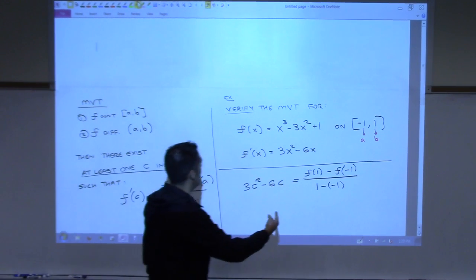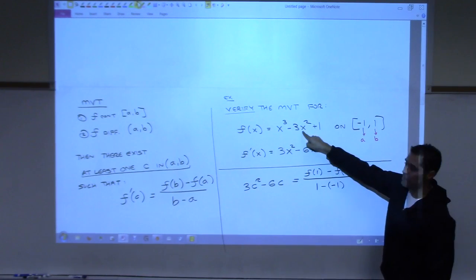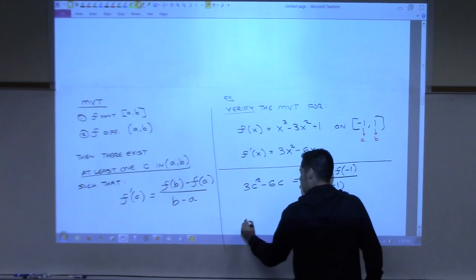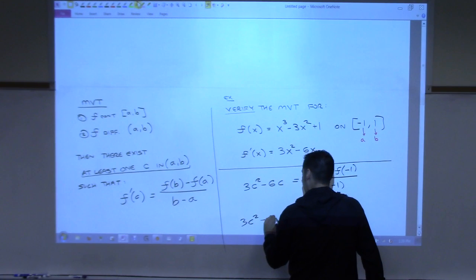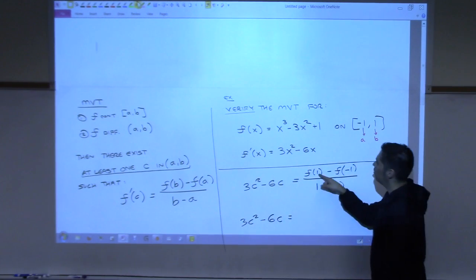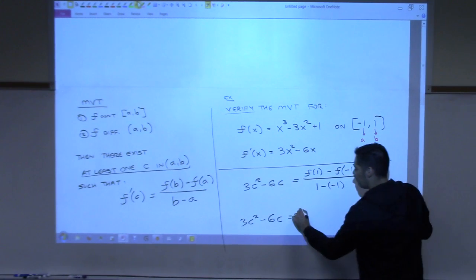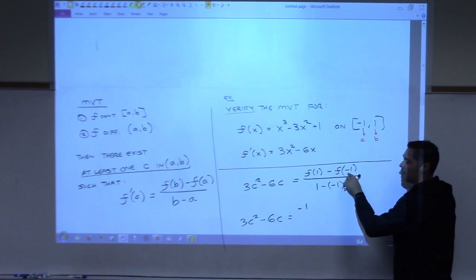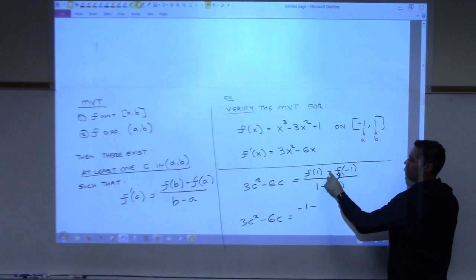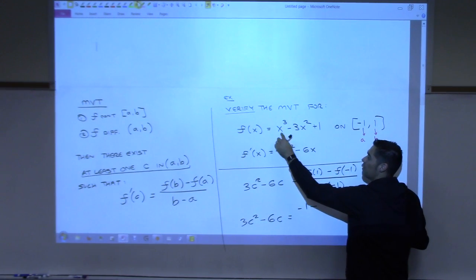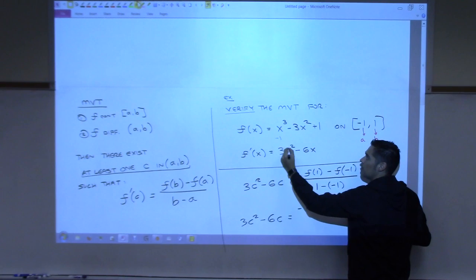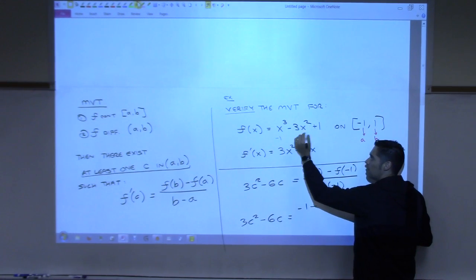So what is f of 1? Plug 1 into this. So I have 3c squared minus 6c equals, what was it? Minus f of -1. What's f of -1 plugged in? -1 here gives me -1, and -1 squared doesn't matter, it's still 1, so -1, or -3, and then +1.